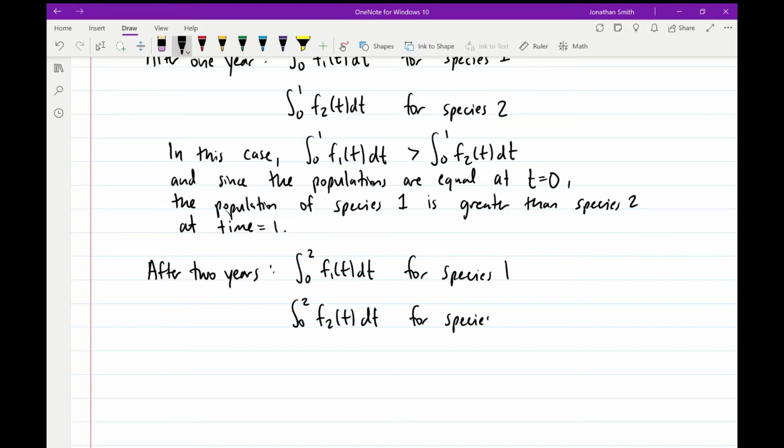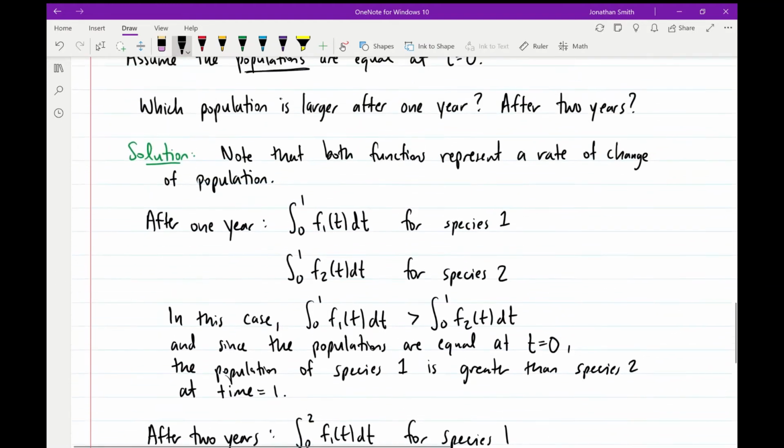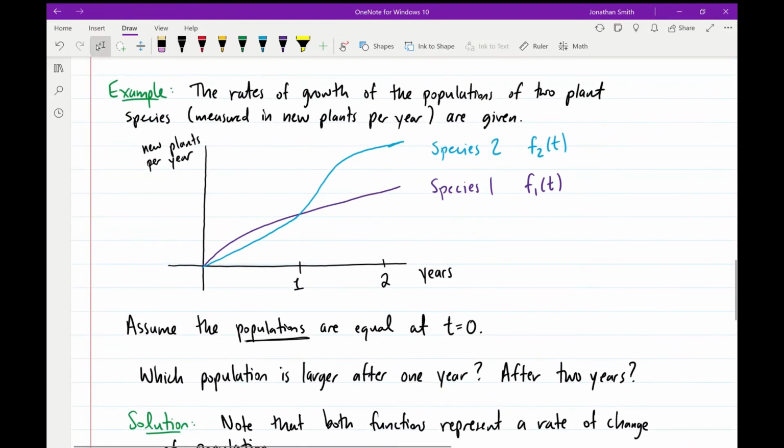And we want to determine which one is bigger. So going back up to the functions, if I look at going from year 1 to year 2, now the rate of change of species 2 is much bigger than the rate of change of species 1. And in fact, it's big enough that this area between species 1 and species 2 is going to be bigger than the area from time equals 0 to time equals 1.